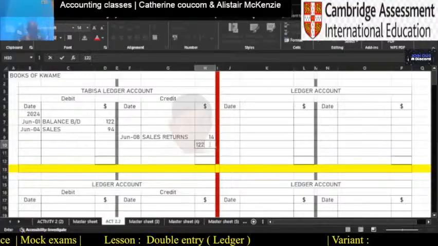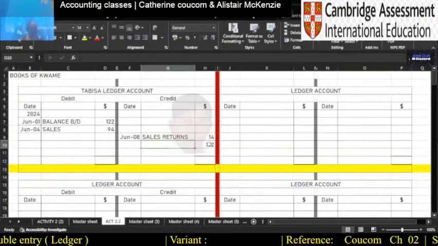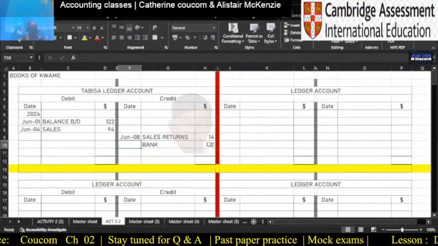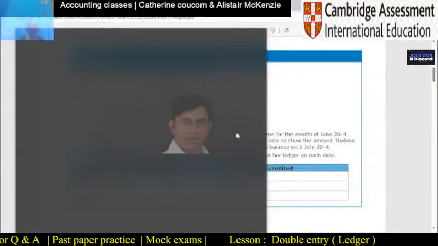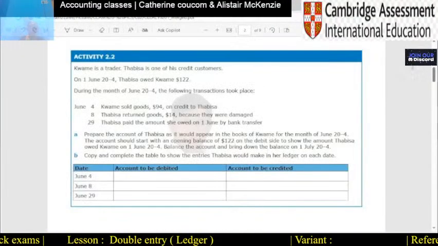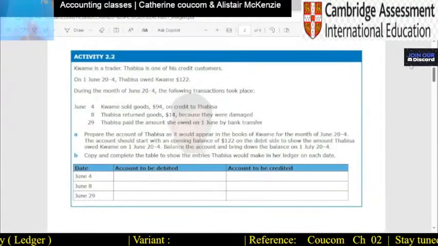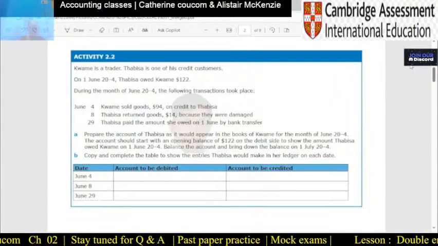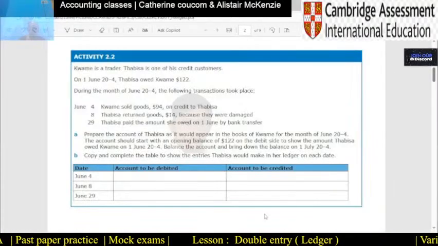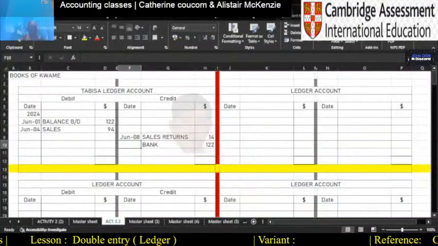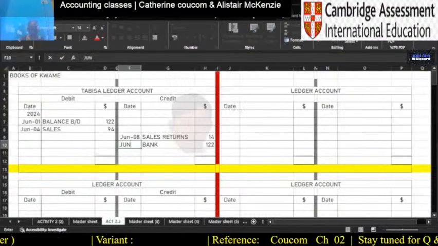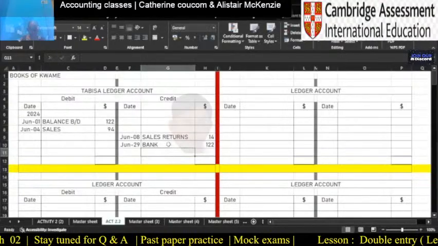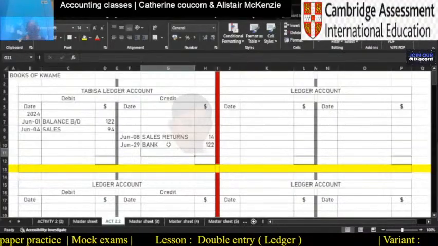She has given 122, by bank transfer. On June, what date? June 29. Bank 122.